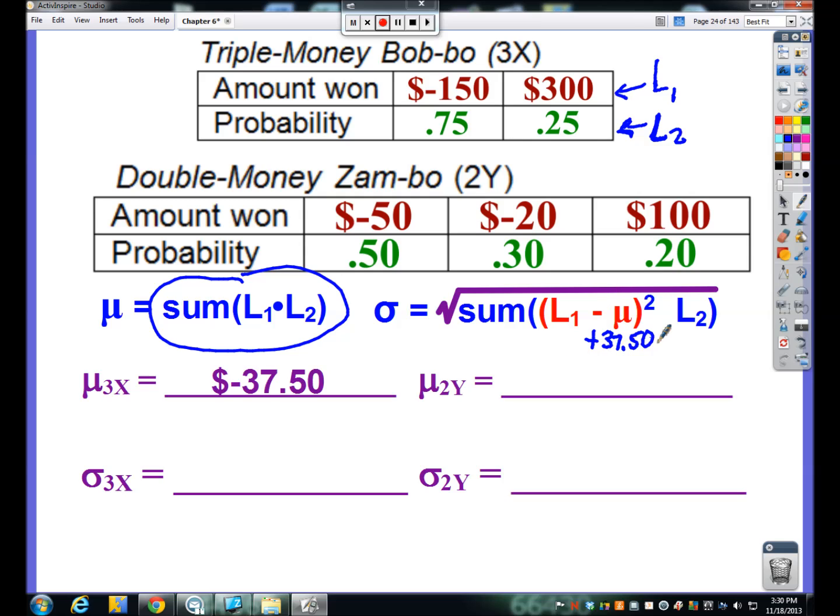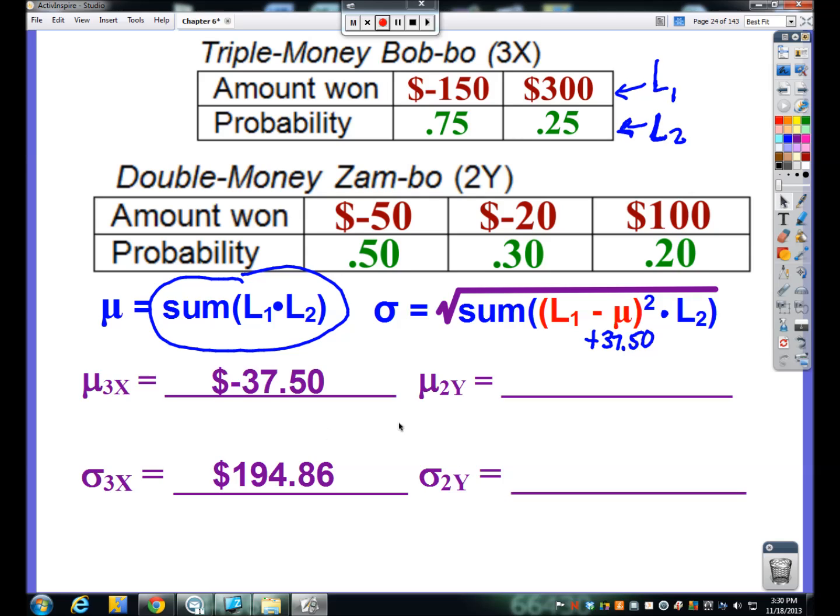Then make sure you end that quantity and square it, and then multiply by the probabilities, which are list 2 in this case, and take the square root of all that. If you were to do that in your calculator, you will come up with an answer of $194.86. Now, this is a rounded number.